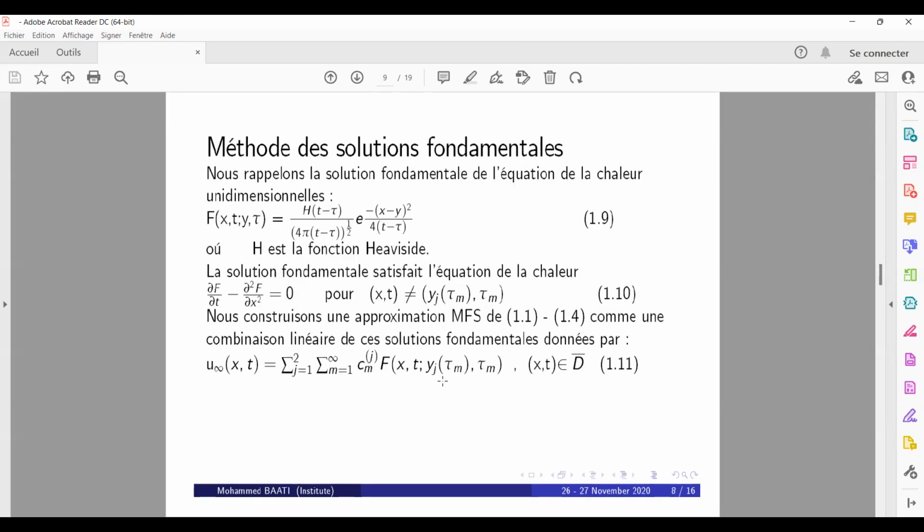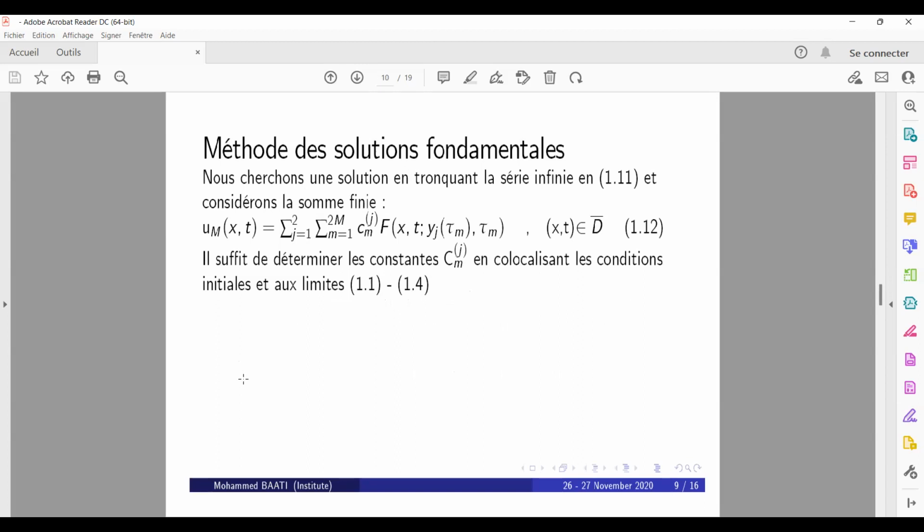Donc, pour la méthode des solutions fondamentales, on a F, la solution fondamentale de l'équation de la chaleur, telle que F est la fonction de Heaviside. La solution fondamentale satisfait l'équation 1,10. Et après, on va construire une approximation par la méthode des solutions fondamentales.